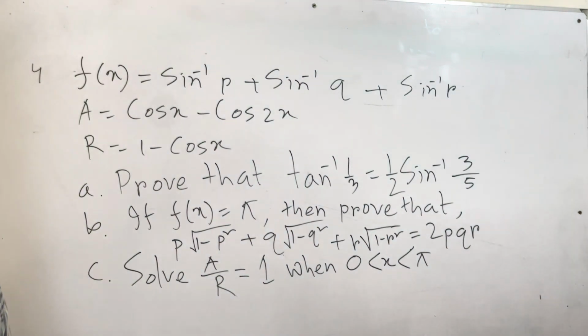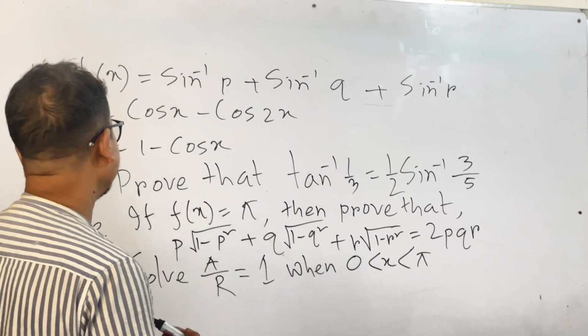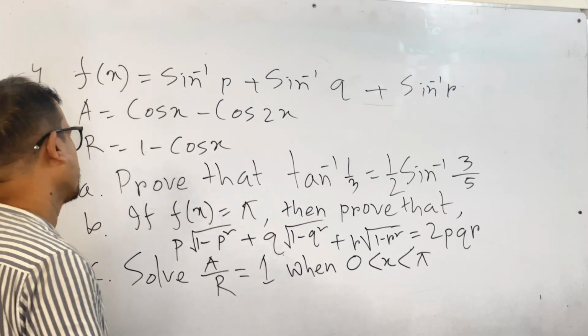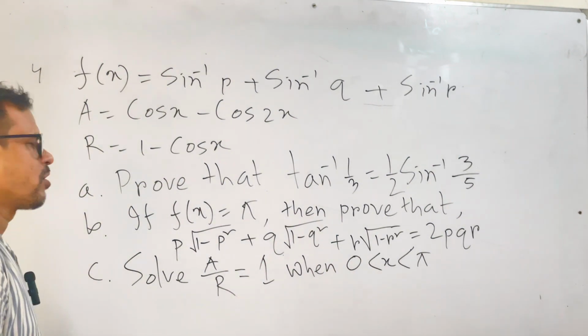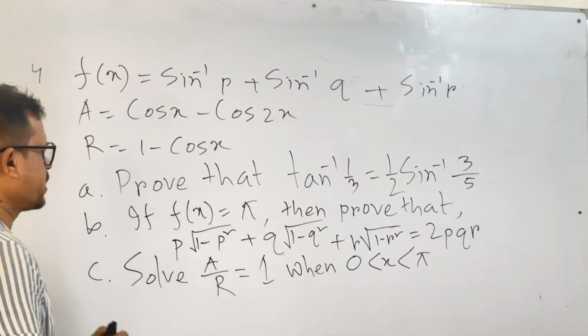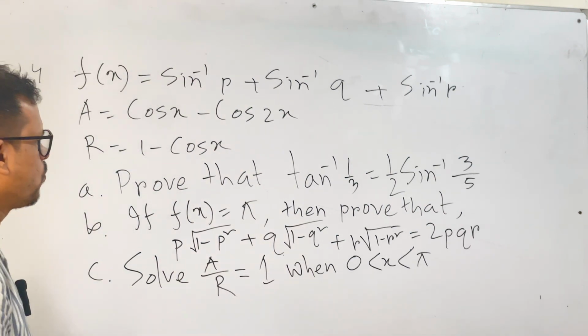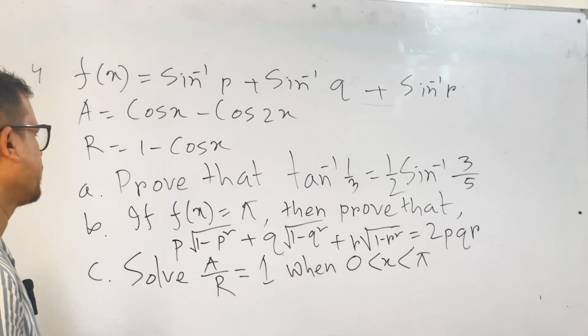That means question number 4: f(x) equal to sin inverse p plus sin inverse q plus sin inverse r, q equal to cos x minus cos 2x, r equal to 1 minus cos x. Prove that tan inverse 1 by 3 equal to 1 by 2 sin inverse 3 by 5.